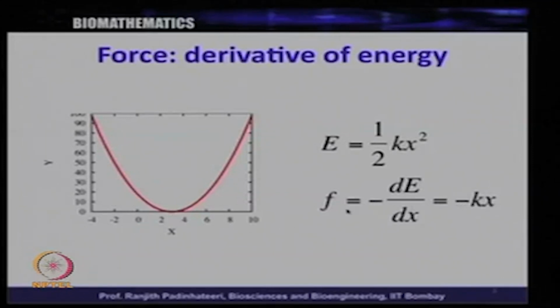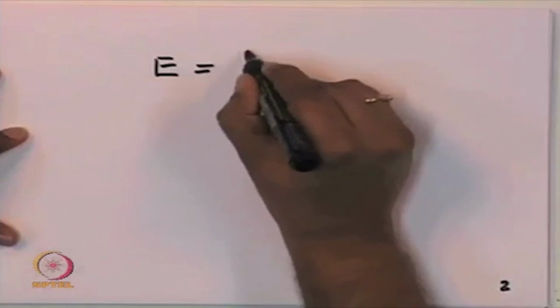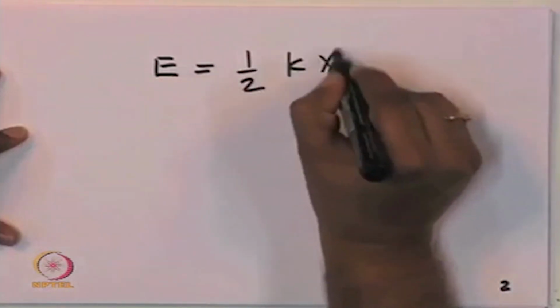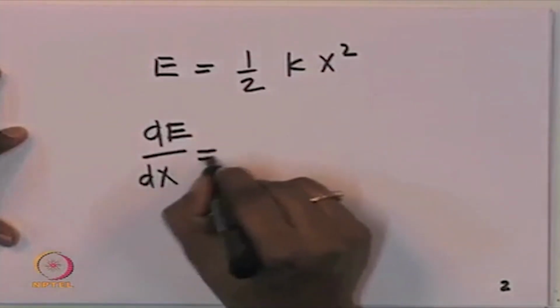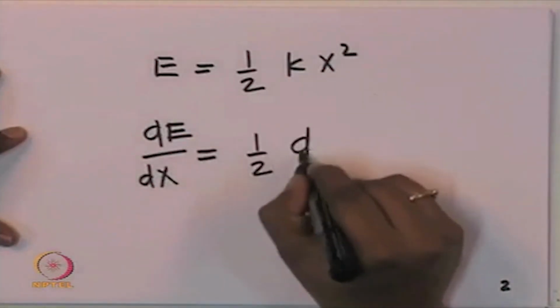So let us see first what the derivative of half k x square is. Let us look at E is equal to half k x square. dE by dx is half times d by dx.